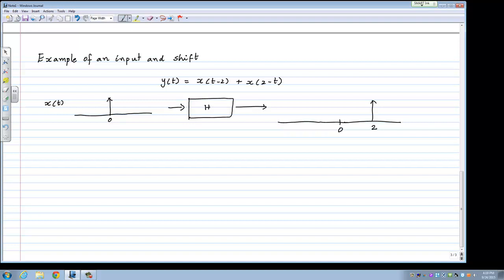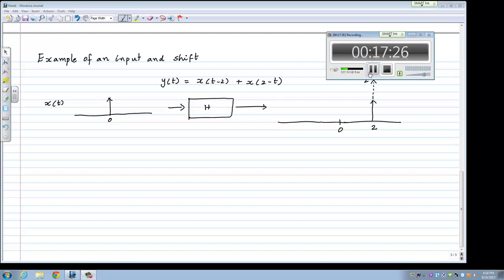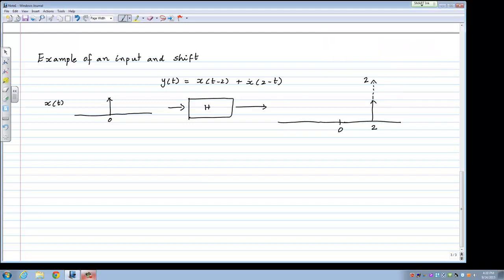I'm sorry, it's not quite the goal post, because it's shifted to the left by 2 and then flipped, which means it lands up right on this delta again. So this just doubles the magnitude of the impulse. Okay, so this is the output y of t.